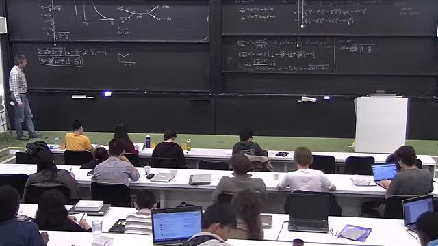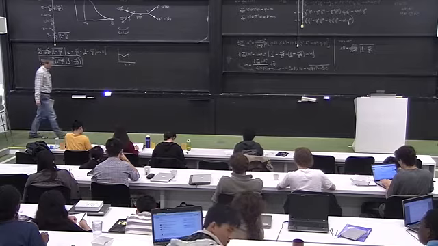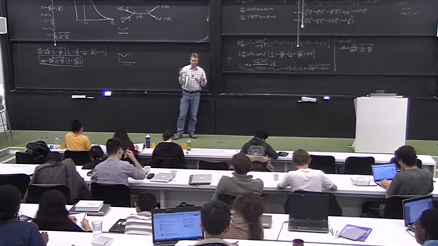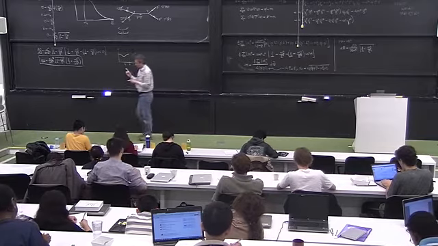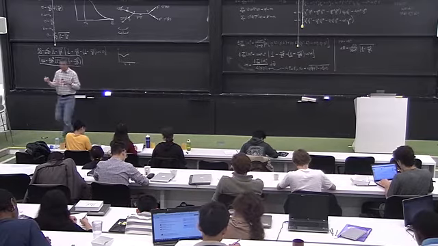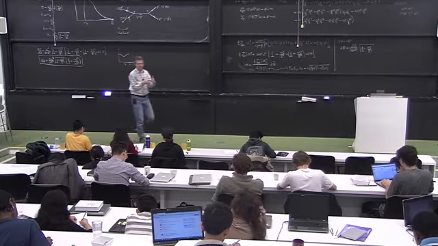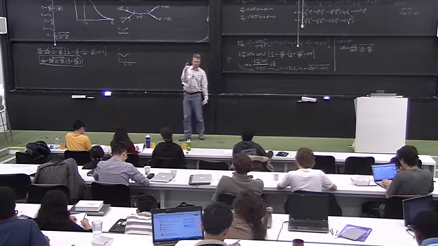So muons will tend to be produced, more muons will be produced in the forward directions than in the perpendicular direction.